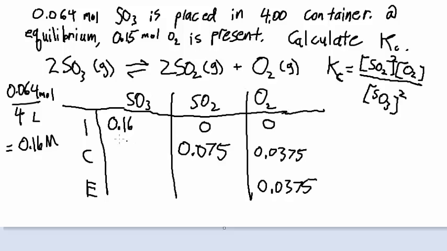There is also a 2-to-1 ratio of SO3 to oxygen. So the change for SO3 is going to be the same. But this is a reactant, and we are losing that. So this is a negative change.